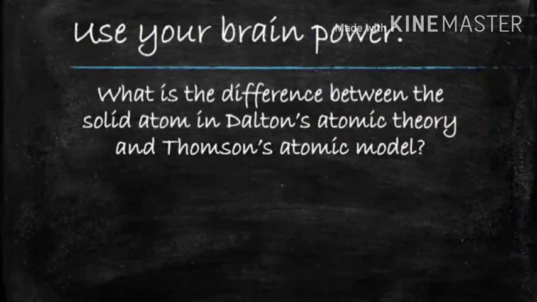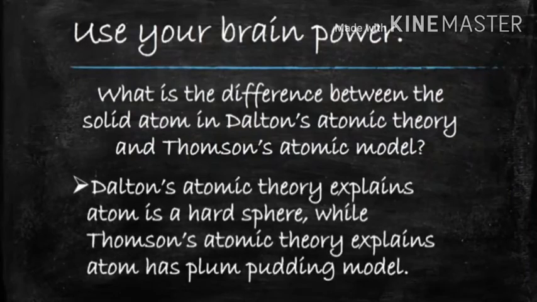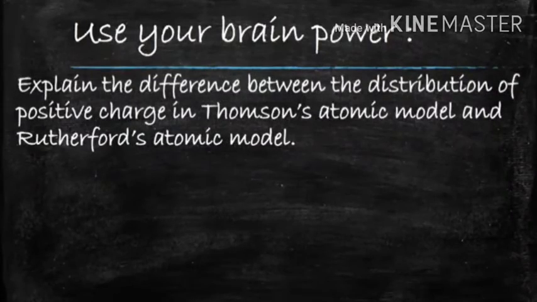What is the difference between the solid atom in Dalton's atomic theory and Thomson's atomic model? Dalton's atomic theory explains the atom as a hard sphere, while Thomson's atomic theory explains the atom with the plum pudding model.